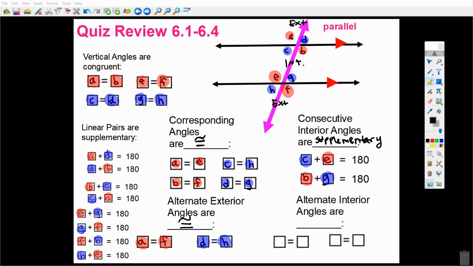All right, and then our last one here, we got alternate interior. So we have C and G are alternate interior, and B and E. C and G are blue, and B and E are red.